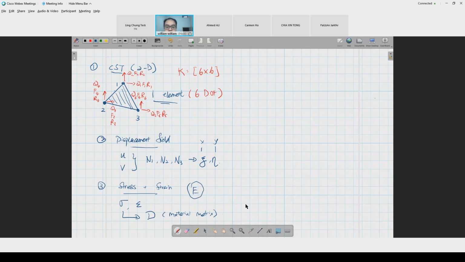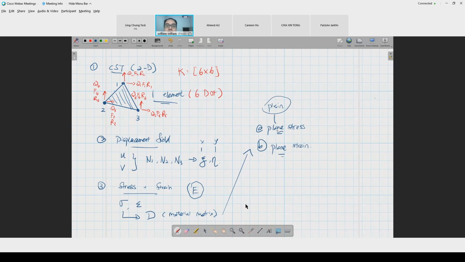For the material matrix, you have two assumptions. One is called plane stress. The second one is what we call plane strain. Plane as in aeroplane, not plain as in PLAIN. So we are talking about plane stress and plane strain.